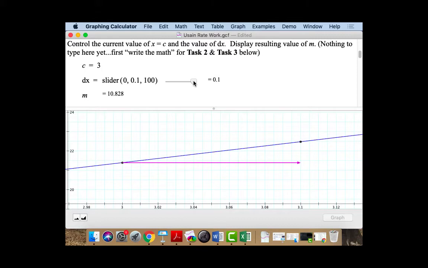So if I go down to 0.01, you can see 10.7825, so a little bit less. Or if we go to 0.001, which is the smallest you can get, 10.778 to 3 decimal places. Wherever it's convenient to round, if it's a weird number, just round off where it's convenient, but 2 or 3 decimal places.